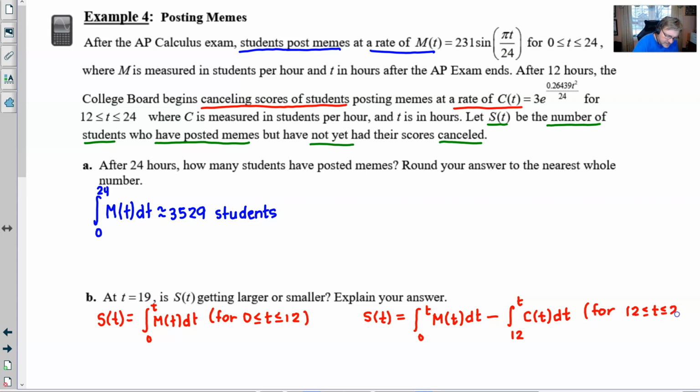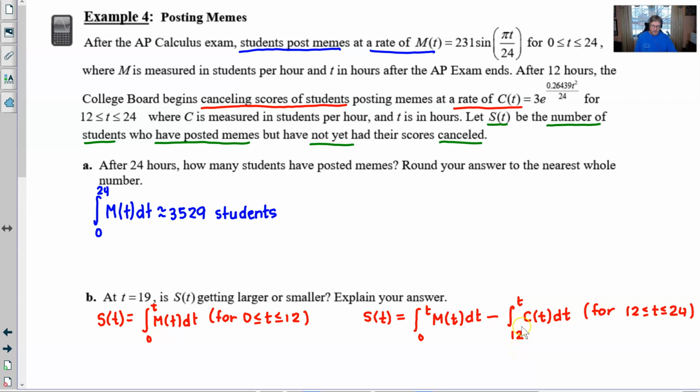Now, I can talk about that again because this is very tricky. In fact, I think that this is one of the trickiest parts of this problem. Once again, when we integrate m, that's the total number of students who have posted a meme. And this t, mind you, can go all the way up to 24 because that's when students have been doing this meme posting, a whole 24 hours after the exam. But if the t is indeed bigger than 12, then we start to have some students who have scores canceled.